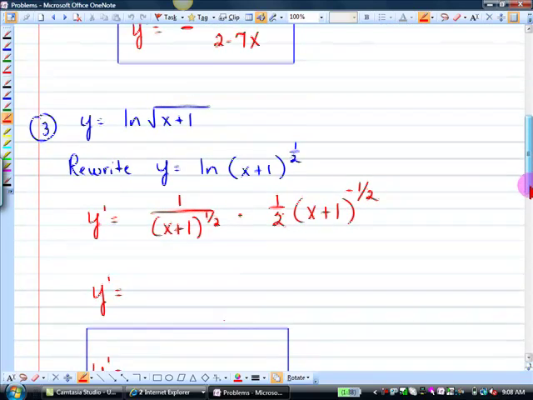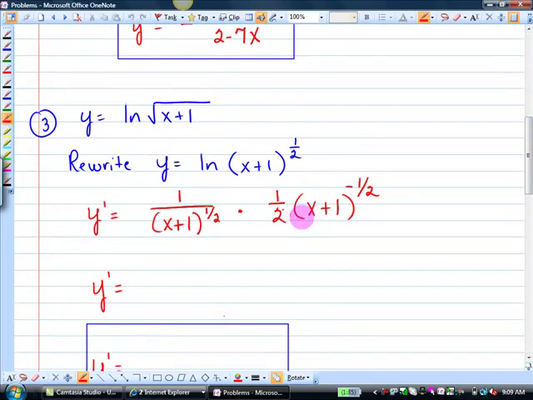Now, to fix that, clean it a little bit. The only thing on the top is a 1. Does everybody see that? Okay. So we've got a 1 over, we've got a 2 on the bottom, and then we've got x plus 1 to the 1/2. This guy's on the bottom because it was a negative exponent.